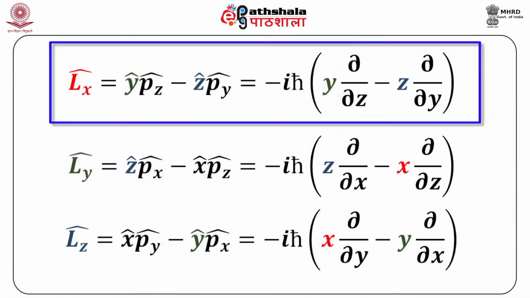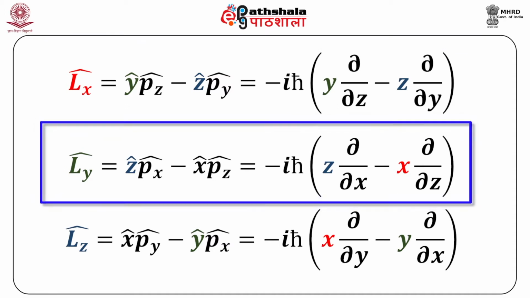The Cartesian components of angular momentum operator are as follows: Lx caret, that is the angular momentum component in x direction, is equal to y caret pz caret minus z caret py caret, which is equivalent to minus iota h cross y del by del z minus z del by del y.